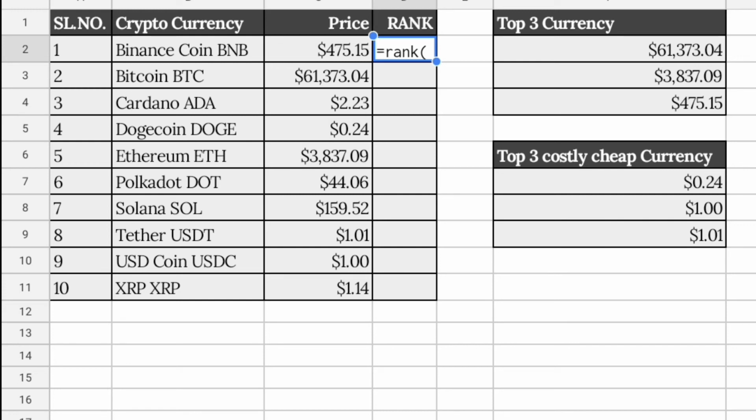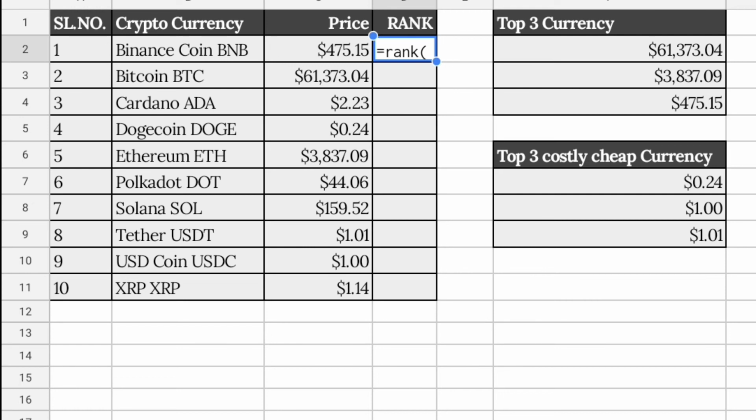The RANK function will have three parameters. First, the value with which I am going to compare, then the series or the range with which the number is being compared, and the last one is whether I want the rank in ascending order or in descending order.